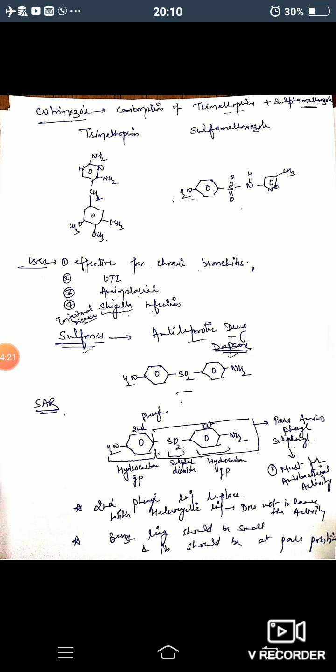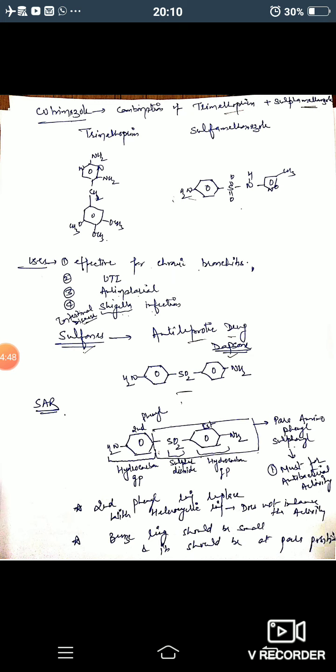Second, the phenyl group; there are 2 phenyl groups. If the second phenyl ring is replaced with a heterocyclic ring, it does not enhance the activity. The benzene ring should be small and should be at the para position. So the para-aminophenyl sulfonyl group is necessary for the antibacterial activity.